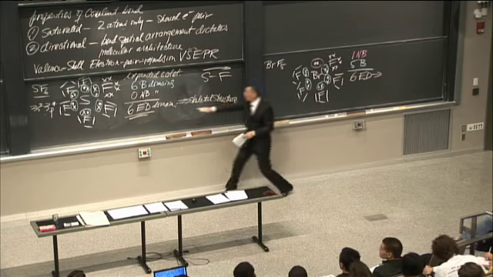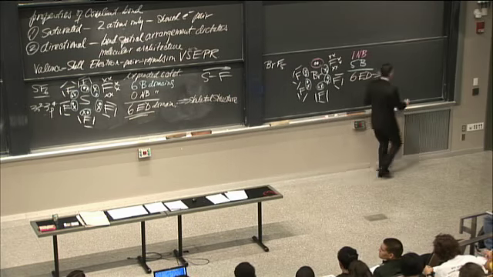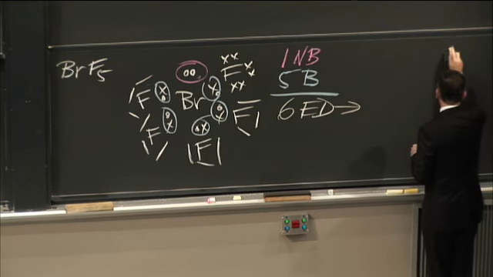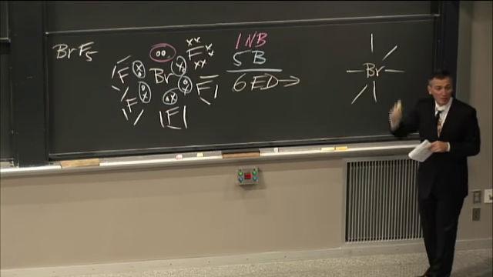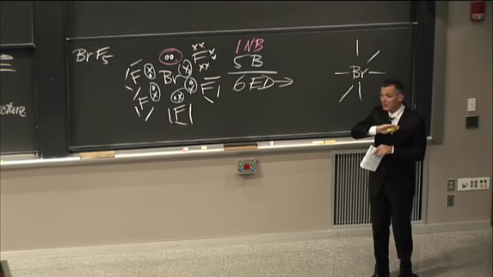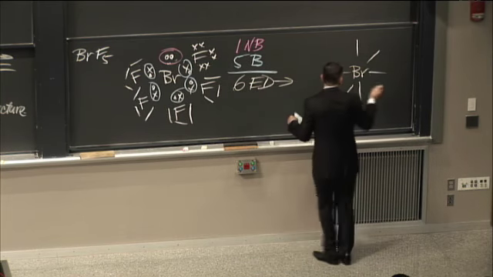The total number of electron domains dictates skeletal structure. So man said put 6, so I put the bromine here and I go 1, 2, 3, 4, 5, 6. That's the skeletal structure. Those are the bonds in space. Now I know one of those is a non-bonding domain. So where do I put it?